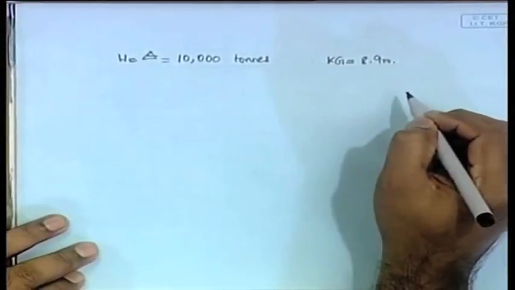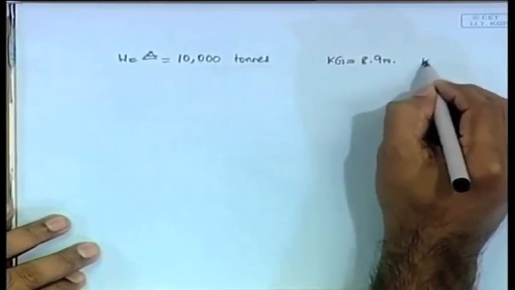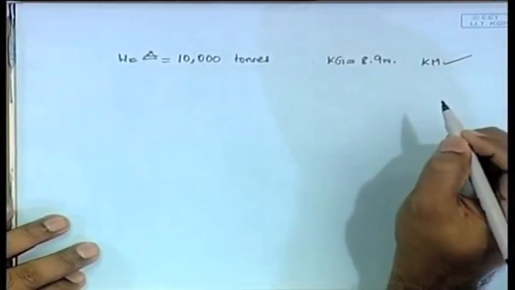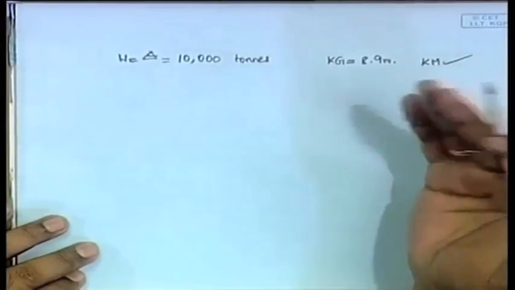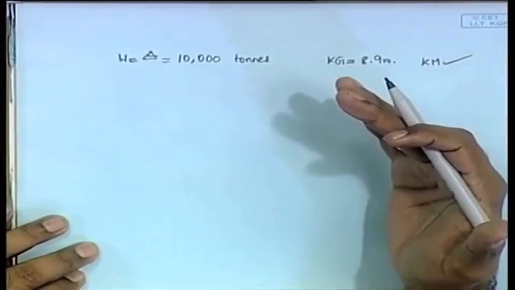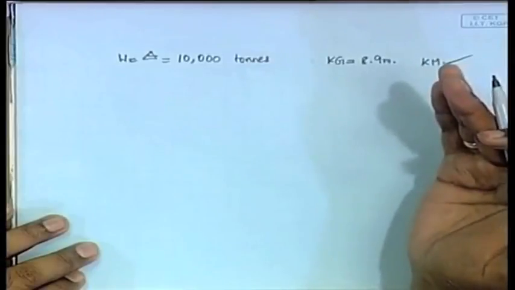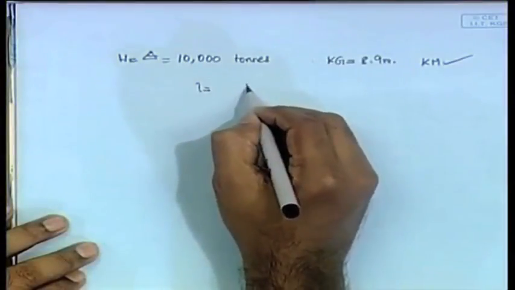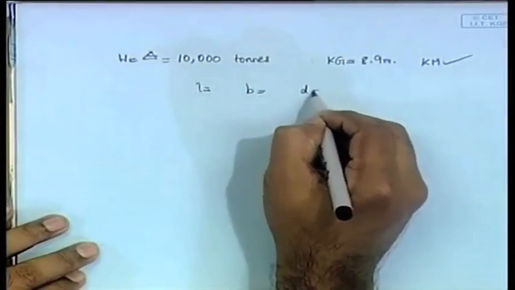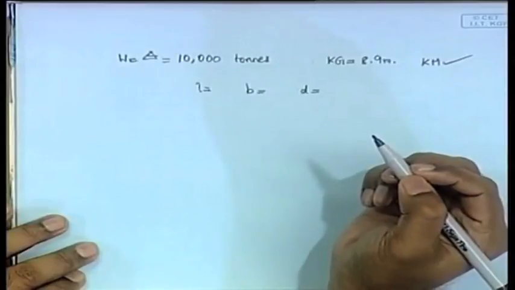You are given KG equal to 8.9 meters, and KM is also given. Now you are told that the vessel is going to load ballast water of some relative density into a rectangular tank, and the length of the tank is given, the breadth is given, and the depth is given. Okay, so these 3 things are given.